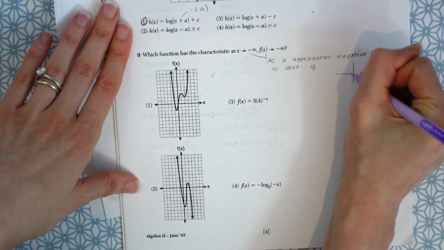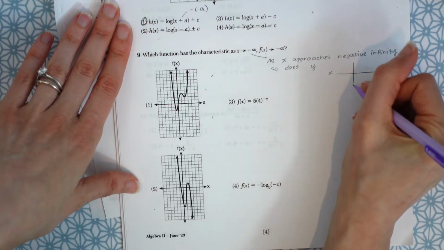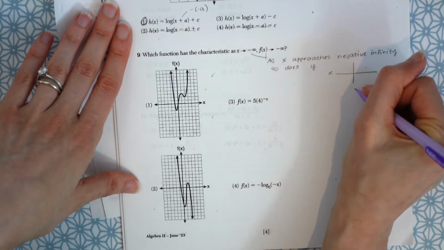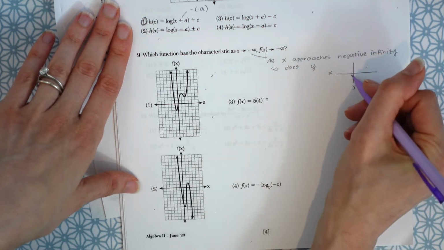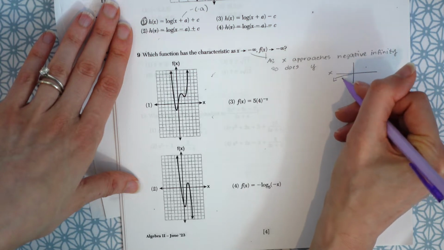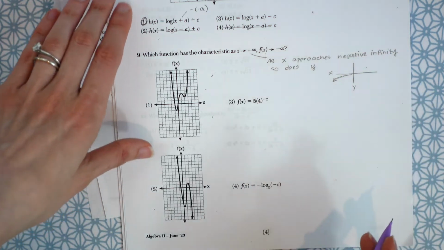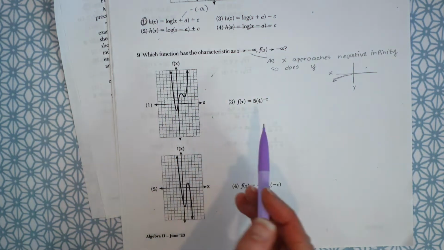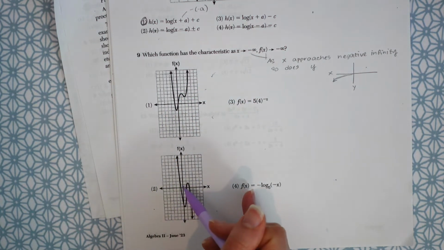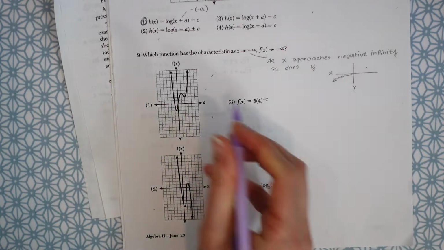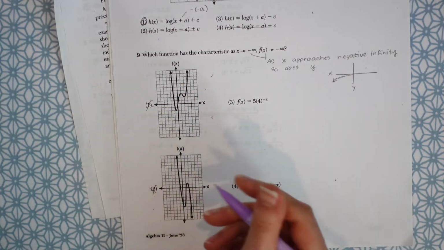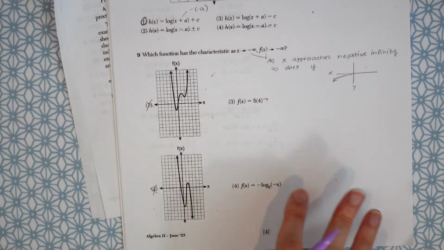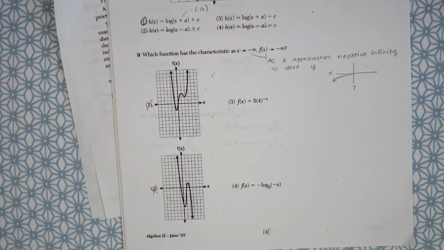When you think about what that means, here are the x values that are negative this way, and here are the y values negative this way. So we're going to want something that goes down. If you look at the graphs we have here, is there anything going down and to the left? The answer is no, so not choices 1 and 2. That means we're going to have to graph these and see which is our choice.